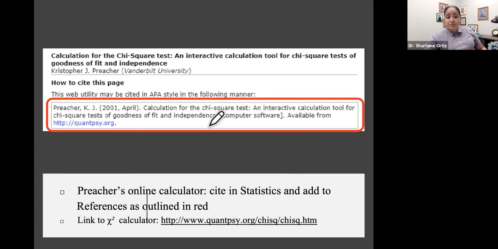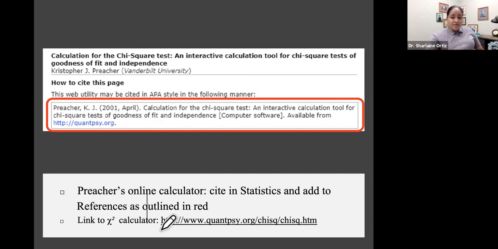Now, you generally wouldn't want to conduct this by hand, and here is a really good citation, and I'm going to put this up on your screen. Notice that you can reference this article here if you're wanting to have a calculation tool for your chi-square, and you can look into the goodness of fit and test for independence, and it's going to be available here.